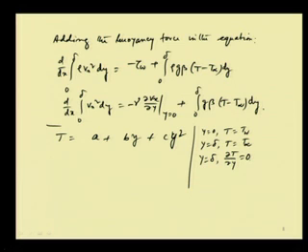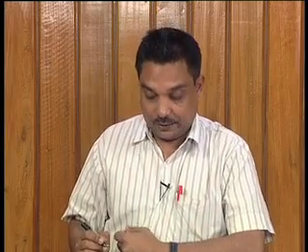We have already seen this, so we are not going to do the calculation. If we put all this in, the temperature profile is (T minus T infinity) by (Tw minus T infinity) equals (1 minus y by delta) whole square.